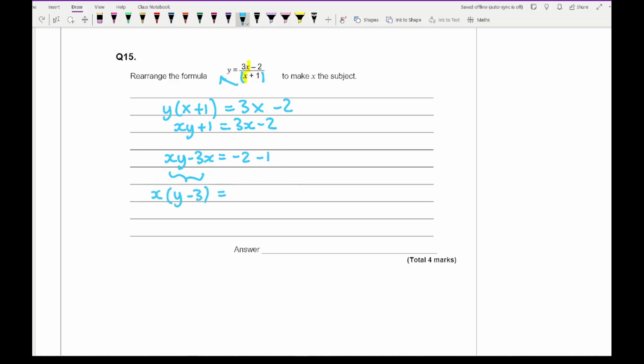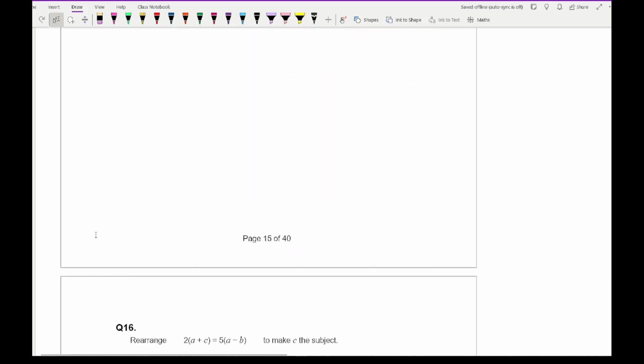So I end up with this, and you can see there that what I've then got is now just one single x. So I can then take the y minus 3 over to the other side. So I've got x equals minus 3 over y minus 3, and that there is my final answer. So x equals minus 3 over y minus 3, and there we can move on to the next question.